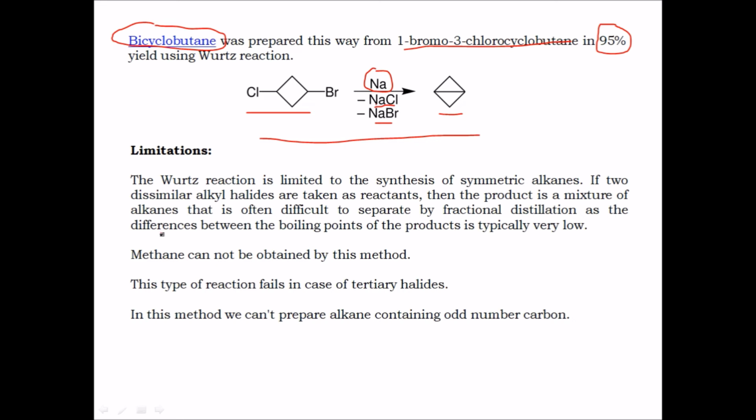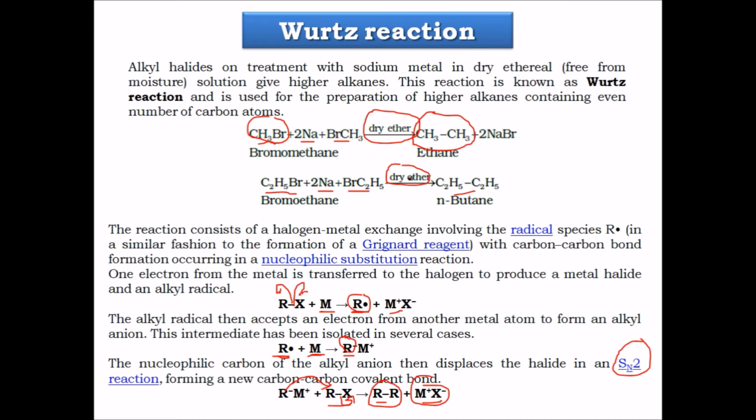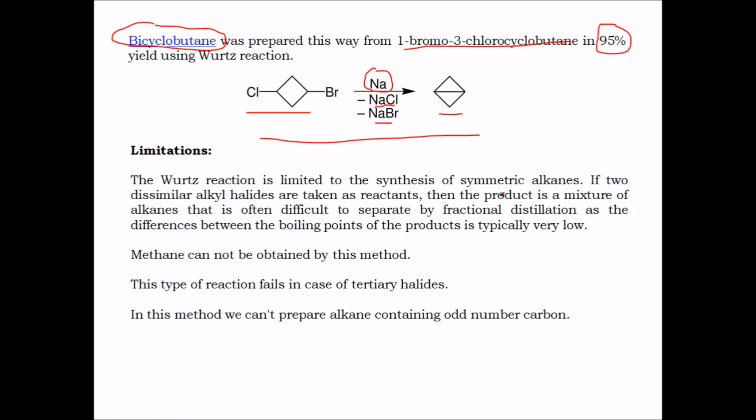The limitations for this reaction are, as you can see in the previous one, you got ethane. If you use methyl bromide, if you take ethyl bromide, you're getting a butane which contains an even number of carbon atoms. So the first limitation will be we can prepare only symmetrical alkanes by this method.